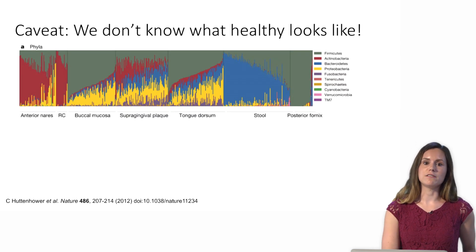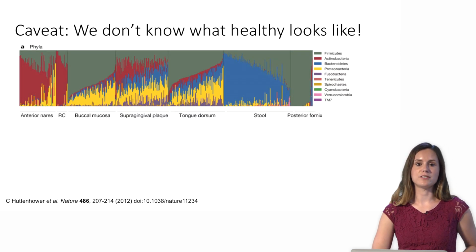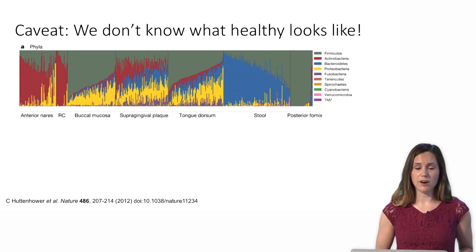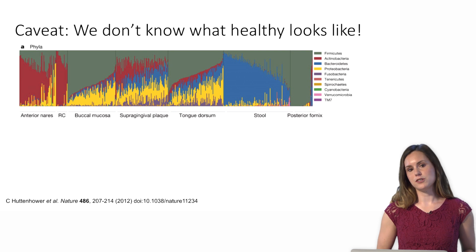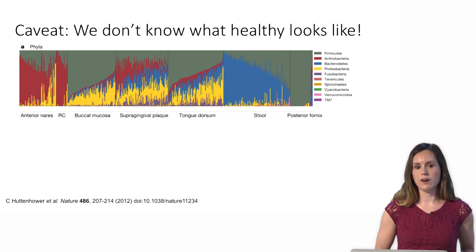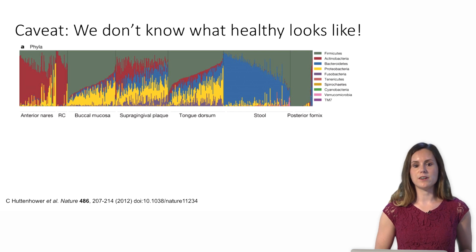So now the caveat to all of this prediction and understanding the microbiome and the diet is that we don't know what healthy looks like. If you remember this picture that I showed you previously, the area called stool on this graph shows this massive variation. On the left side of that panel, you can see there's a huge amount of blue in some of these individuals.